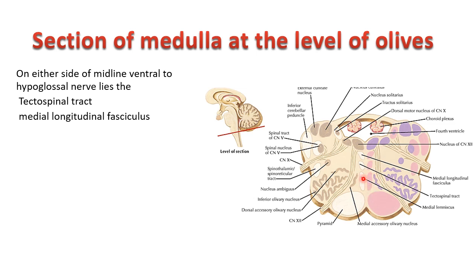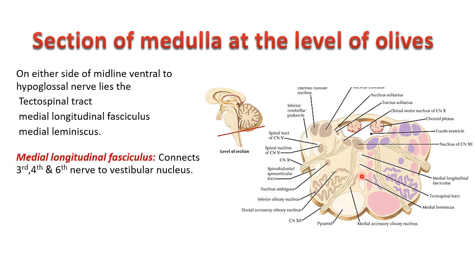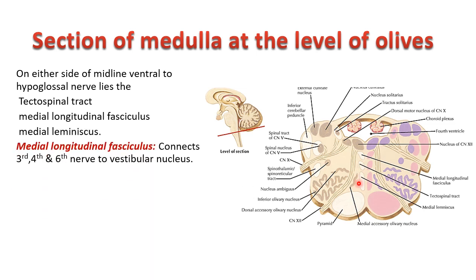This is actually the crossed internal arcuate fibers from the sensory decussation. Okay, so what is actually the medial longitudinal fasciculus? The medial longitudinal fasciculus is the white matter which connects the third, fourth, and sixth nerve nuclei to the eighth nerve, that is the vestibular nucleus. You're able to understand.